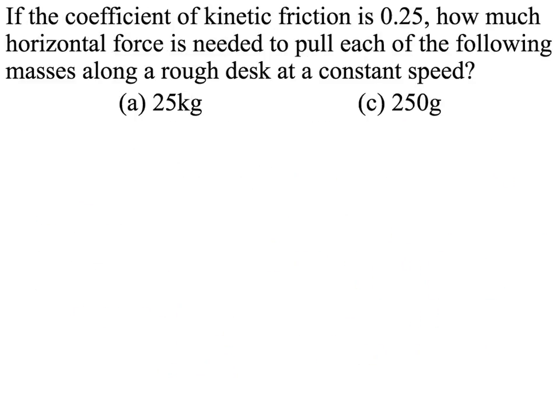If the coefficient of kinetic friction is 0.25, how much horizontal force is needed to pull each of the following masses along a rough desk at constant speed? Again, the key term is constant speed. If it's constant speed, then we know that F applied is going to equal Fk. So for both equations, we can use Fk equals Fn times mu k.